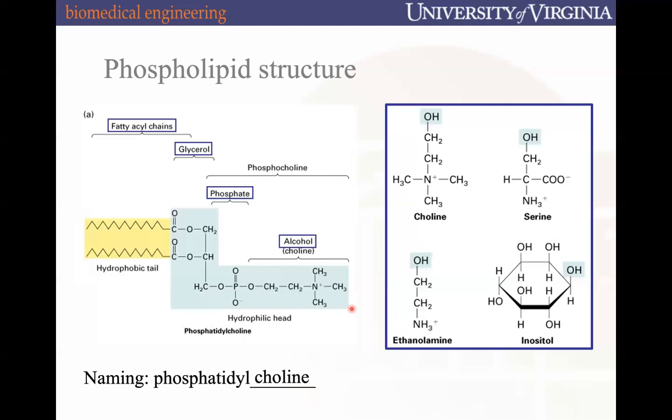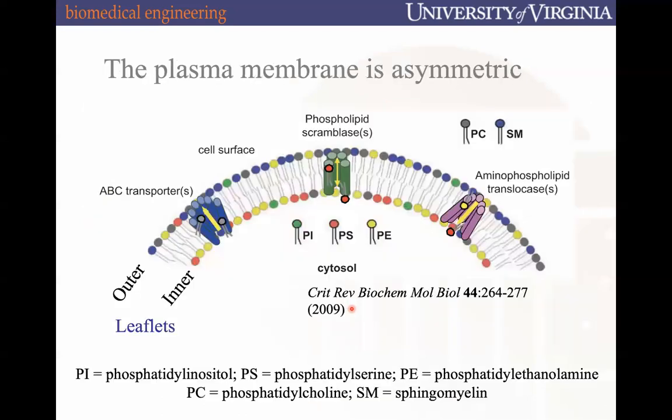When they're synthesized, if you remember from the pre-lecture, they are transported through the Golgi, through secretory vesicles, and then they'll fuse with the membrane. Once they're on one side of the membrane, we can measure experimentally that they don't flip to the other side, except very rarely. This occurs spontaneously about once a month. So one phospholipid a month might swap between the inner and outer leaflet.